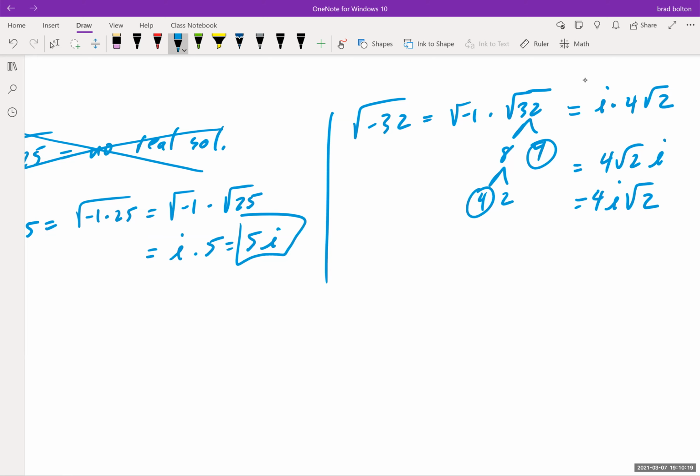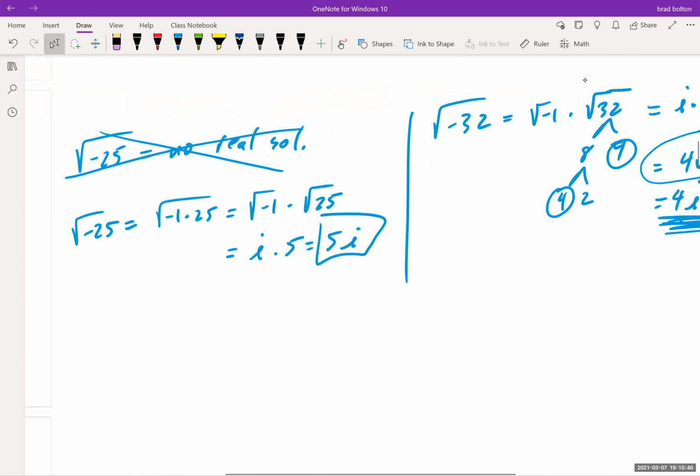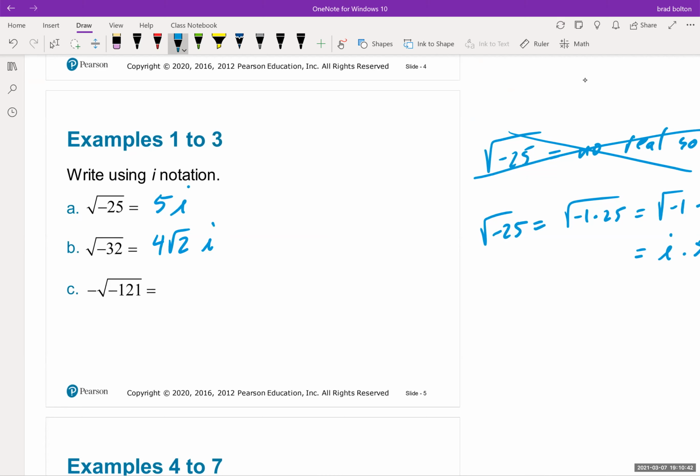The main thing you want to understand is we don't normally have the i inside the square root. So sometimes I will write it like this, just so there's no misunderstanding that the i is inside the square root. But I believe this is probably the way the book will want it: 4 square roots of 2 i.